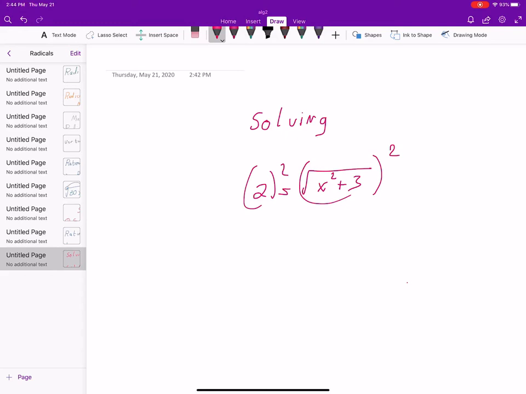All right. So we're going to get 2 squared, that's 4. We're going to square that square root, which means it's going to go away. Then we're going to subtract 3 from both sides. We're going to isolate that x squared. So I get 1 is equal to x squared.